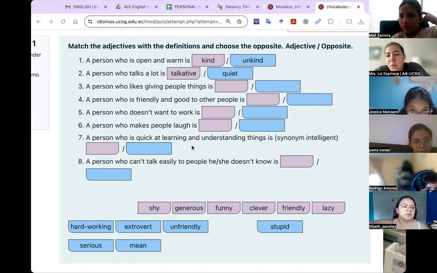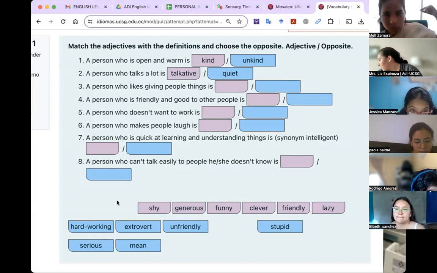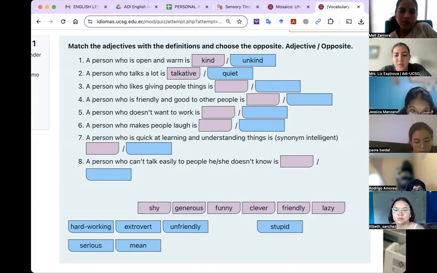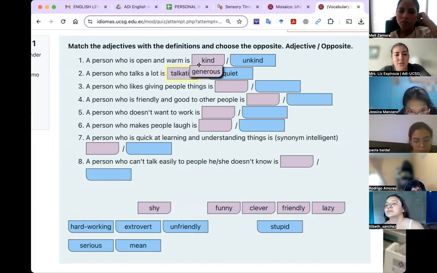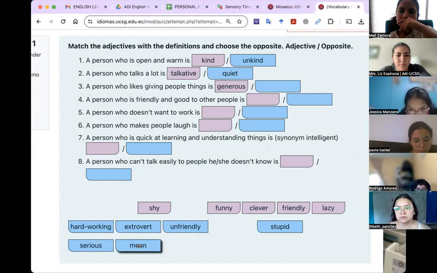So let's see. Remember, we're trying to answer the best that we can, and then we confirm. Okay. So a person who likes giving people things is generous. Then which is the opposite? Mean.